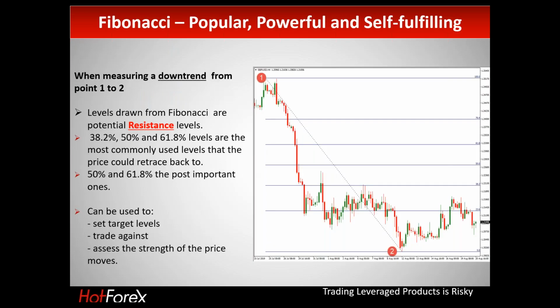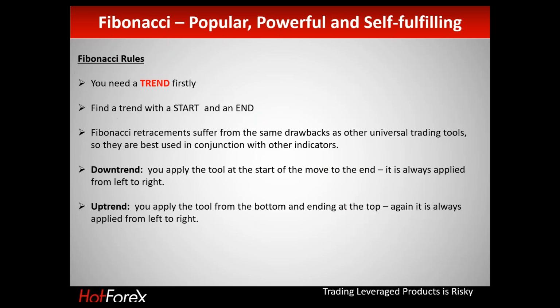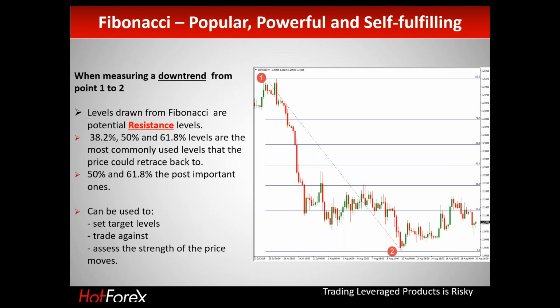So, demonstration when measuring a downtrend from point 1 to point 2. As I mentioned, once we have a downtrend, we measure it from the start of the move to the end of the move. Okay, here we are.